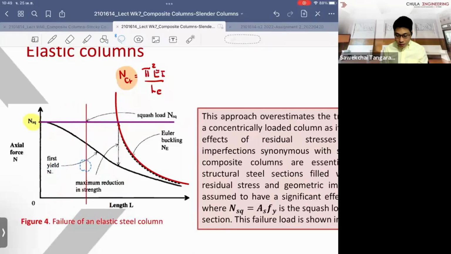When the length increases, according to the line that I'm moving here, above the critical length, right?